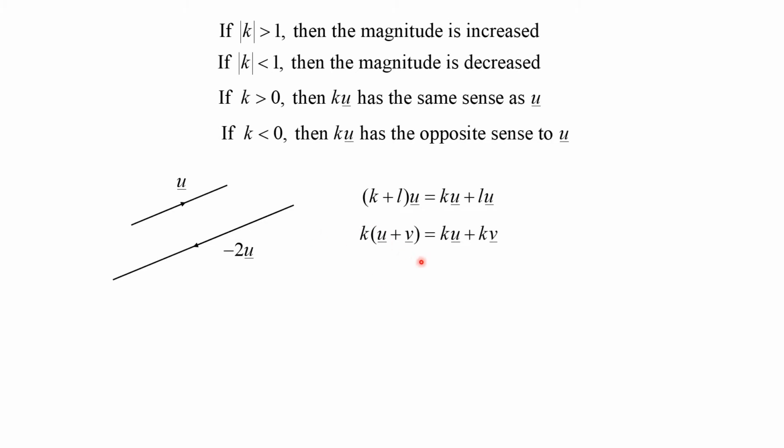And according to the law that we discovered in the previous slide, if it's K plus L multiplied by vector U, you can split it and multiply K and L to U individually and add them up, and it should be equal. Same goes with K multiplied with U plus V. So you can individually multiply the scalar K with U and add it with multiplying K with the individual vector V. When you rearrange it, it should be the same result.